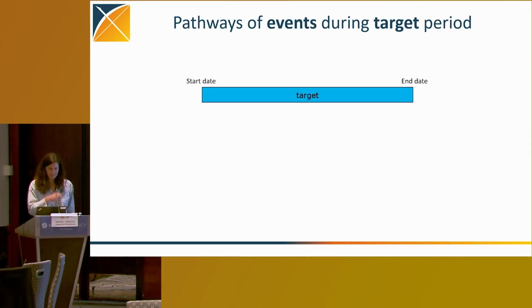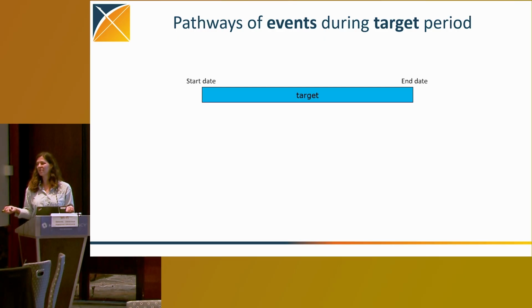But I'm going to go right back to the beginning, which is, if we want to do a treatment pathway analysis, we're actually interested to analyze events during a certain target period. This target period is defined based on the target cohort.